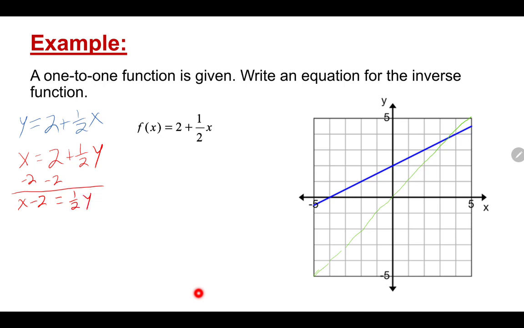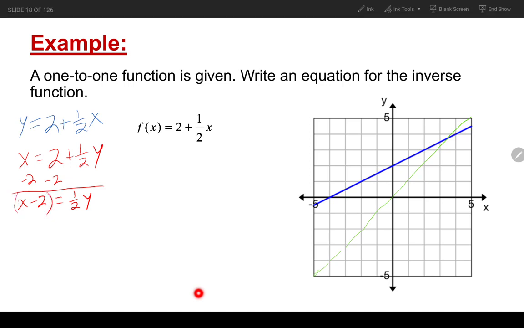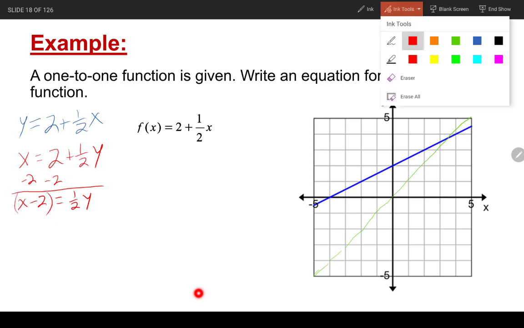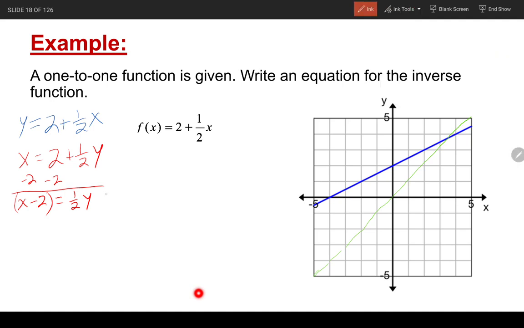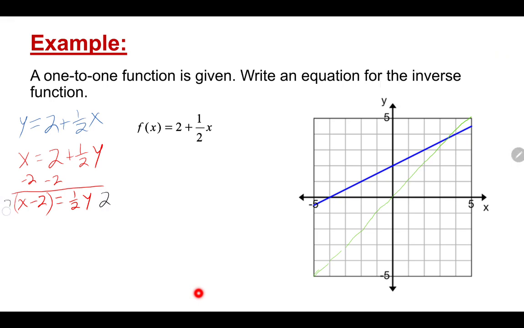And again, I want the y by itself, so a way to undo that would be to multiply both sides by 2. So I'll multiply this side by 2 and this side by 2. This 2 will cancel the 1/2, and then this distributes to both terms.